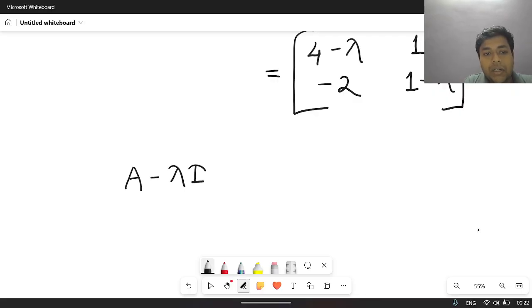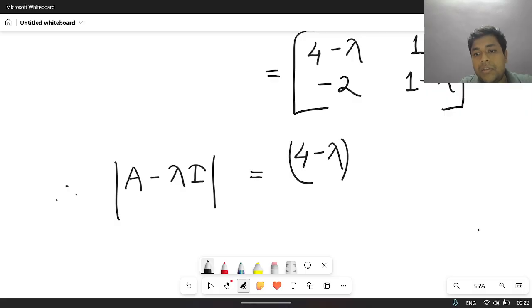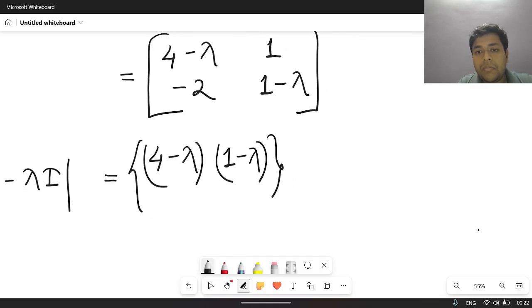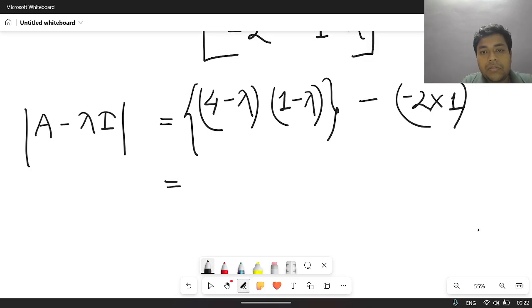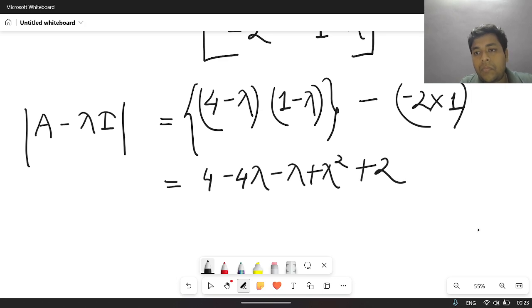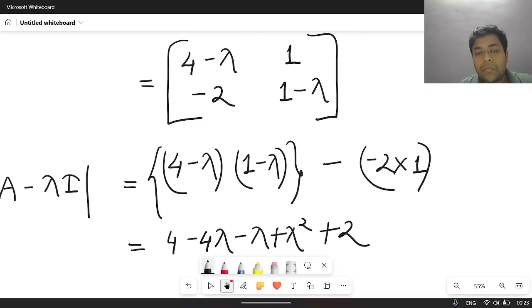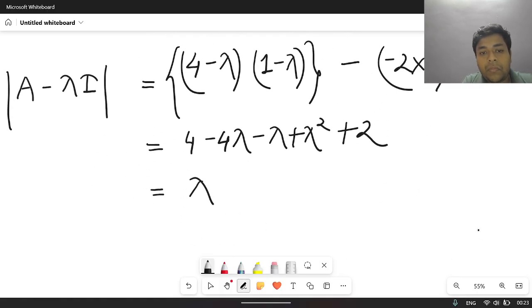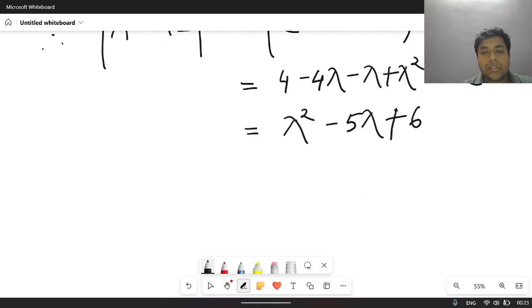A minus lambda I therefore is equal to 4 minus lambda, minus, so this is our value.